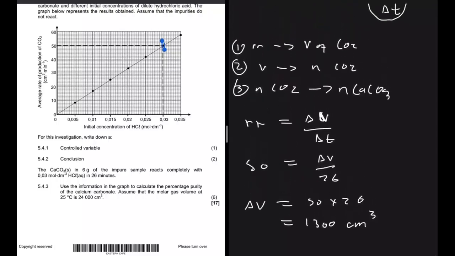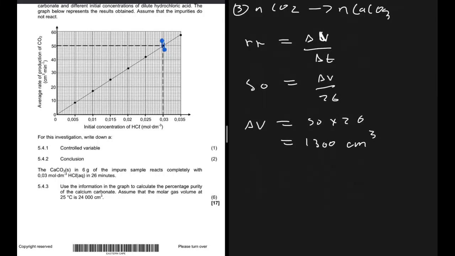So now we have determined the volume of CO2, like we said. The second step is now to determine the number of moles of CO2. And that is given by number of moles equals the volume divided by the molar gas volume, which is equal to the volume we just determined, 1,300, and then the molar gas volume is 24,000, right?